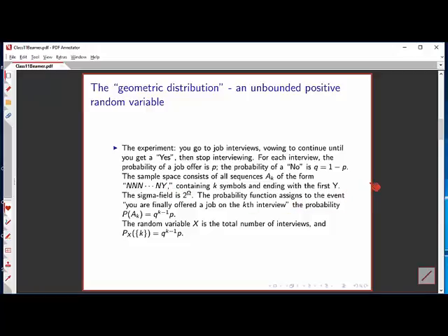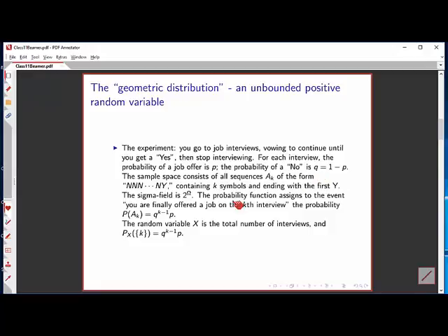The sigma field is 2 to the omega. That's a pretty big sigma field because there are sequences in here that are arbitrarily long. What's our probability function? It assigns to the event you finally get a yes on the kth interview the probability q to the k minus 1 times p.